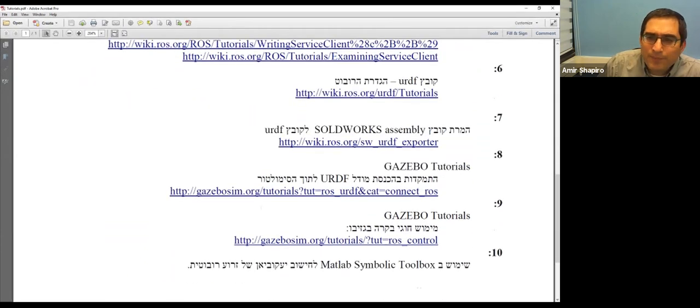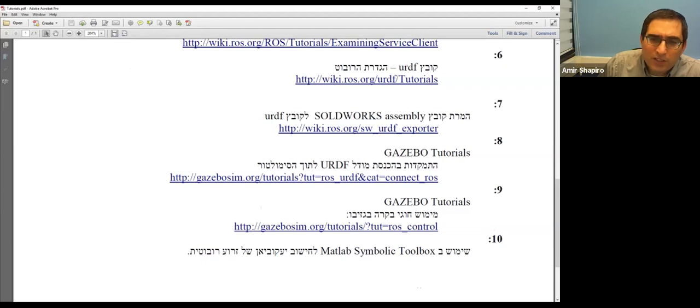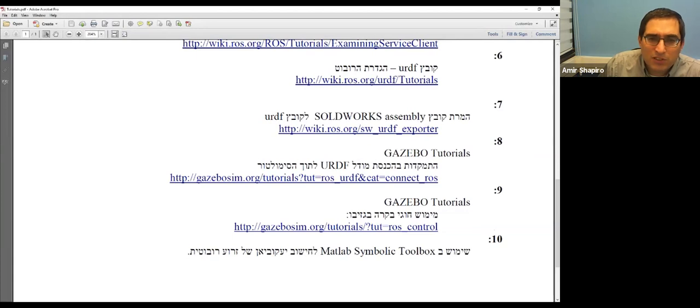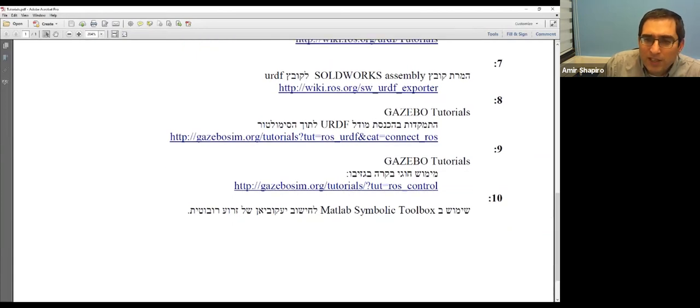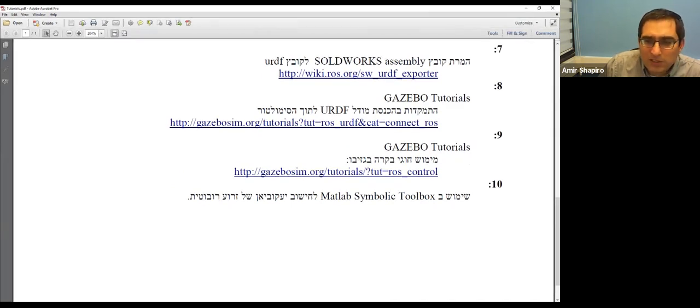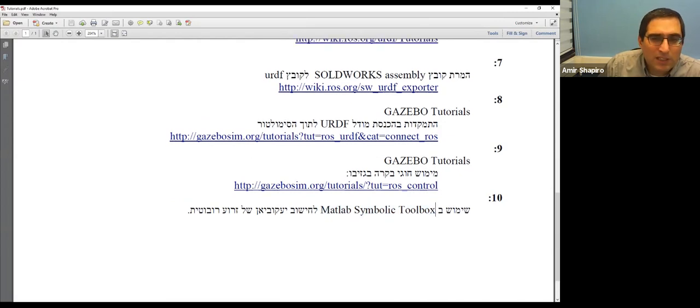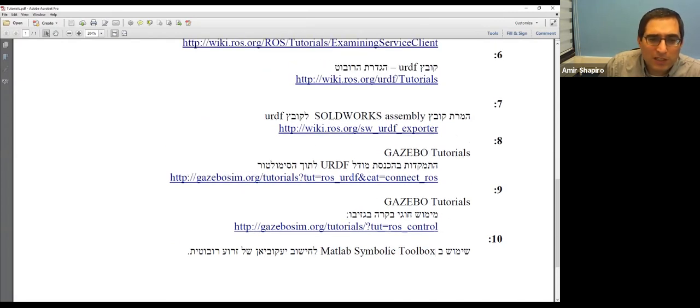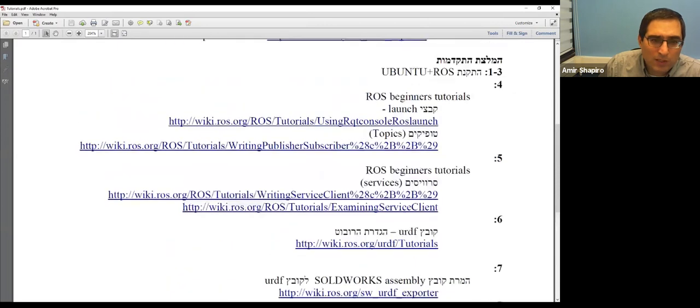You can convert files from SolidWorks to URDF, and learn how to use the Gazebo simulator. Also, you can use the MATLAB symbolic toolbox to calculate some things that we will learn.